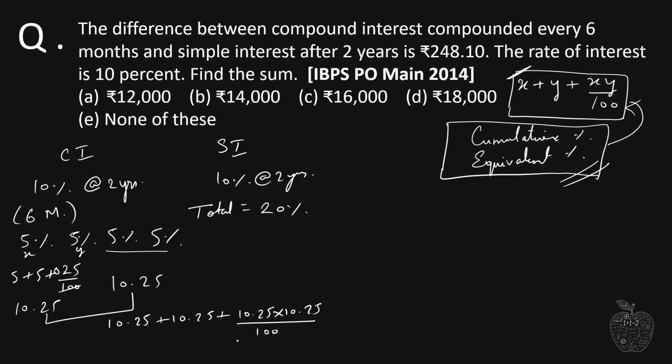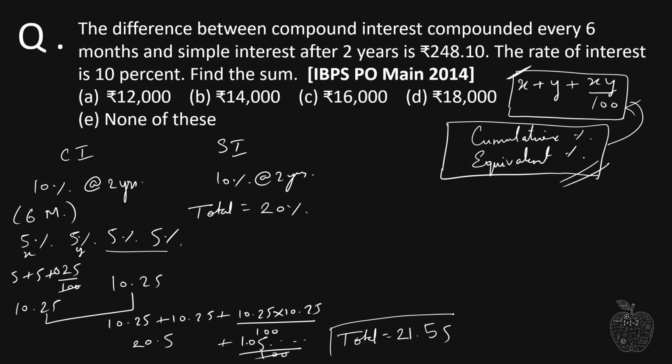This comes out to be 105 point something divided by 100. So let's cut these two zeros and add a decimal point here, and this is 20.5. So the total here we get is 20.5 plus 1.05, which is 21.55.